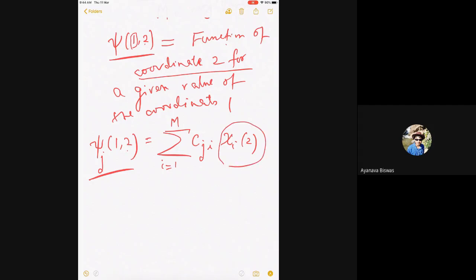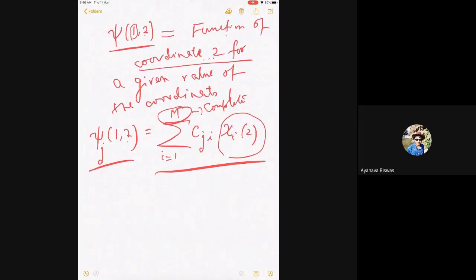I'm now looking at a function of coordinate 2 for a given value of coordinate 1. So this is going to be a function of chi I 2, and this is exact because this is a complete basis. In mathematics, I can always expand one function in the complete basis of another function. So this is exact, no problem. Where does the electron coordinate 1 come in? Electron coordinate 1 will dictate this coefficient.